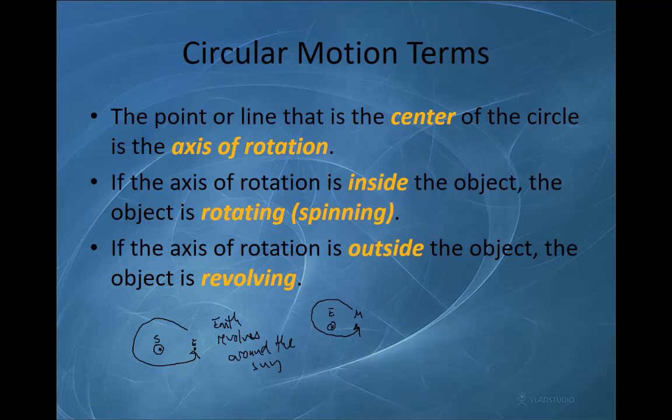Now, this is going to be different when we start taking a look at the relationship of Pluto and Charon, for example. It turns out that the sizes are not large enough. If we make that Pluto and that Charon, the axis of rotation is no longer inside Pluto.